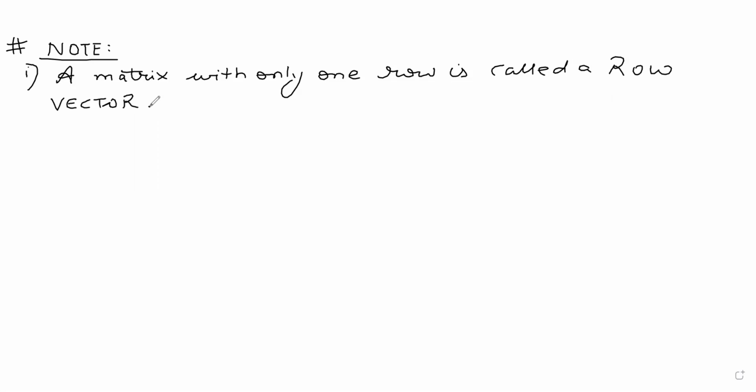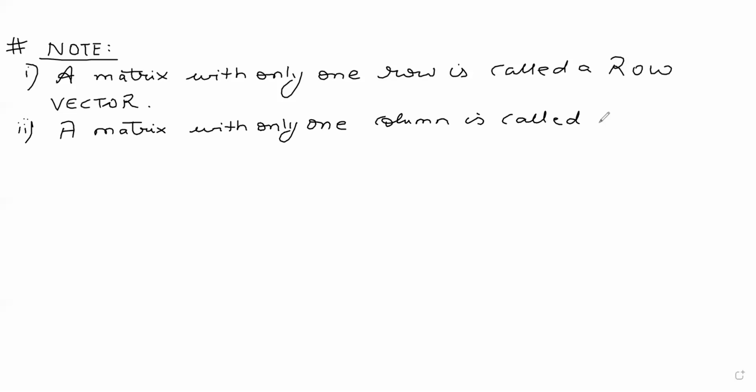Guys, we will be doing vectors also in our lectures, but it's coming up right now in the matrix lecture as well. Then a matrix with only one column is called a column vector. So far it's clear to all students.